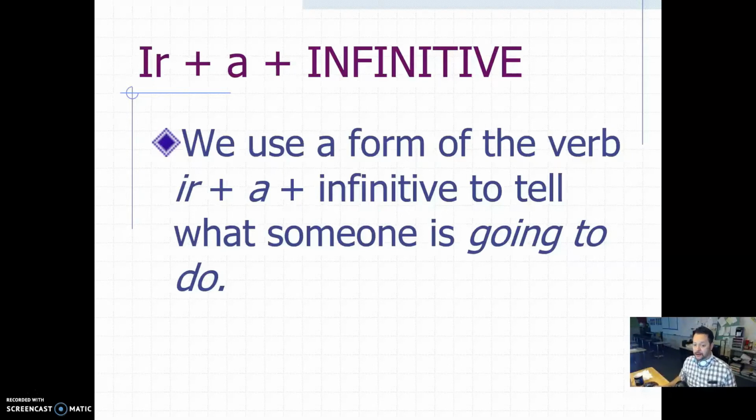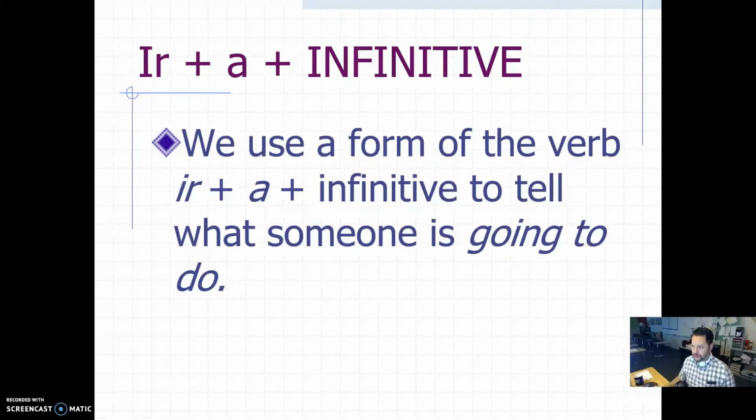All right, so we also use a form of the verb ir, either voy, vas, va, vamos, or van, plus the preposition a, plus another verb in its infinitive, an A-R, E-R, I-R ending verb, so that you can indicate what you're gonna do.